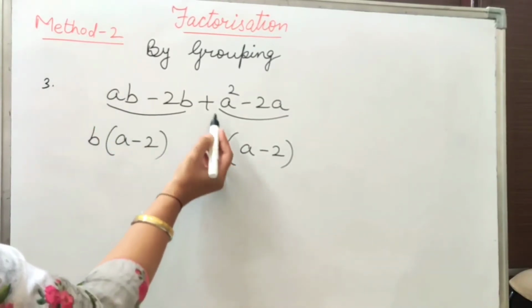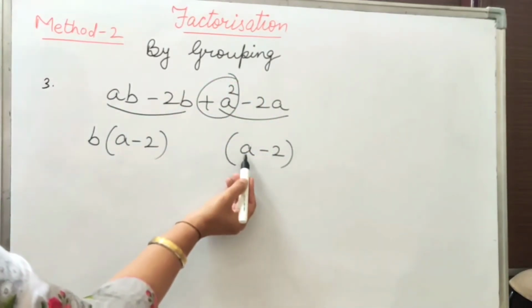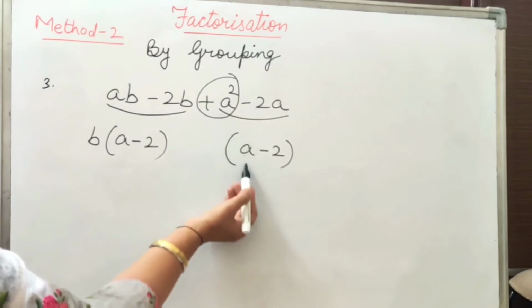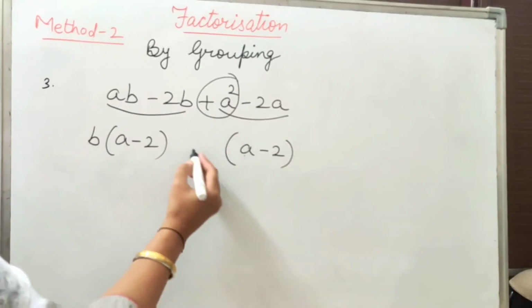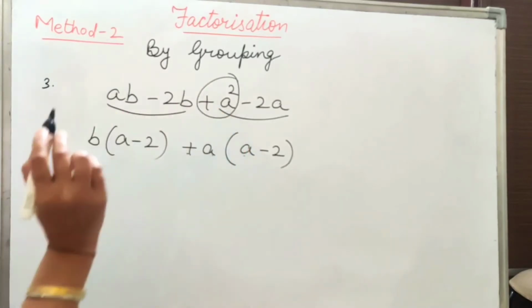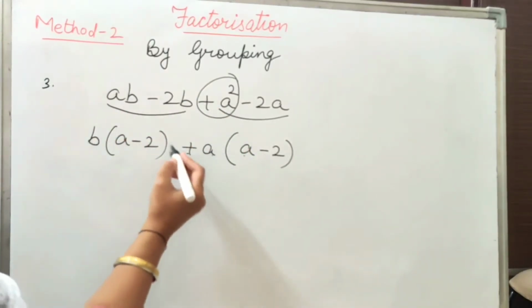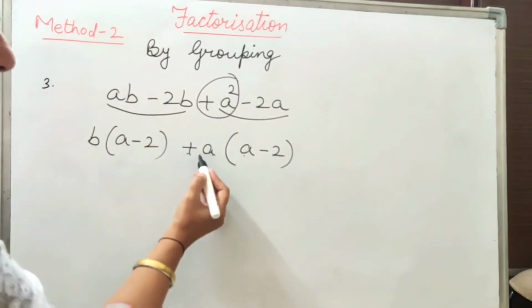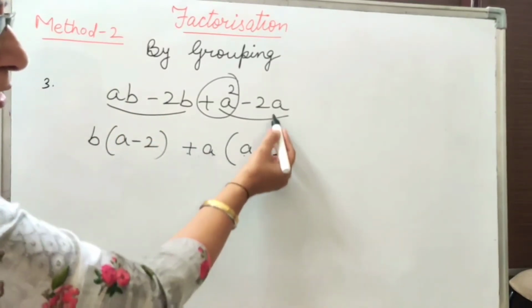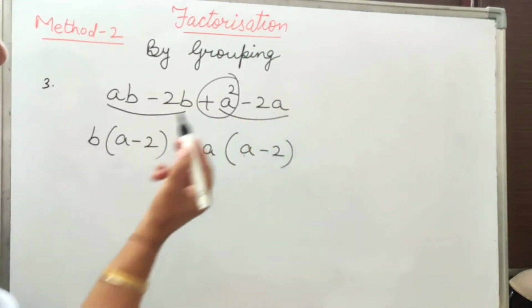Then I will check the third term. The third term is plus a square. Now we have a in the bracket. What is required? If we are getting the product, that is a, plus a multiplied by a is a square. So we can find the common factor like this also. Then we check whether the product of this and this is equal to this. Yes, plus a multiplied by 2 is minus 2a.